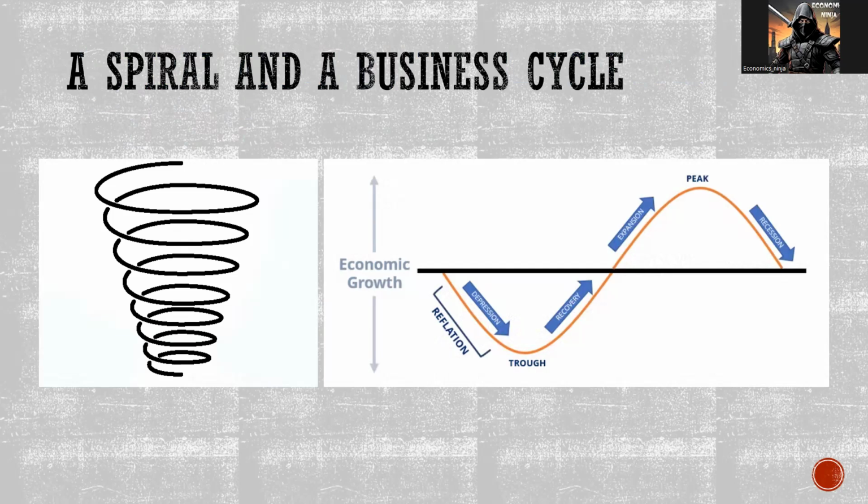Then to the right of the screen, you can see the business cycle. On the y-axis, we have our GDP, and then on the x-axis, we've got time. So over time, the GDP goes up and down, and I'm sure you remember how we described all the periods in a business cycle.